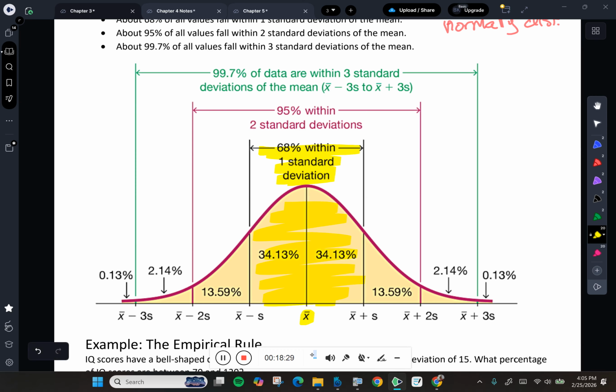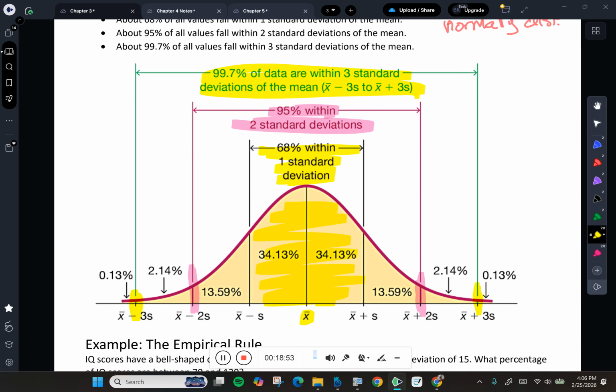If you go 2 standard deviations, you'll be looking at 95. So that's 2 standard deviations below to 2 standard deviations above. If you go 3 out, now you're looking at 99.7% of the data. So you're going 3 standard deviations below and 3 standard deviations above.